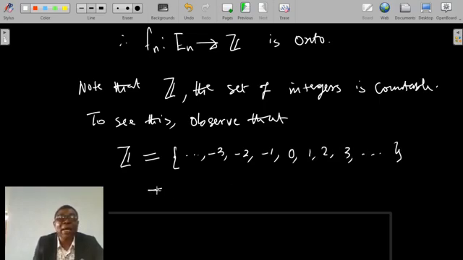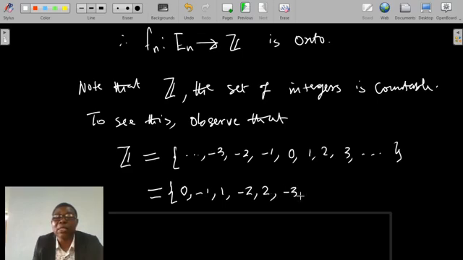And this I can rearrange because in set theory, a rearrangement of elements in the set does not distort the meaning of what the set stands for. So this is equal to 0, -1, 1, -2, 2, -3, 3, and so on.